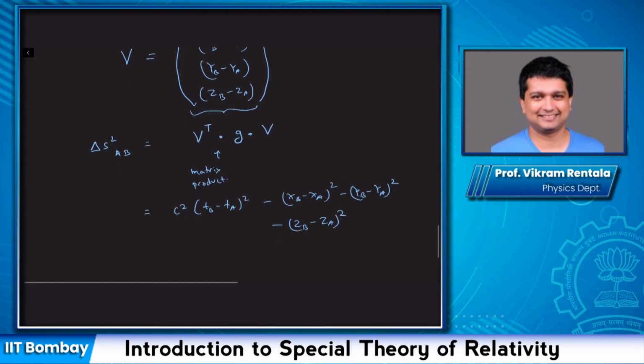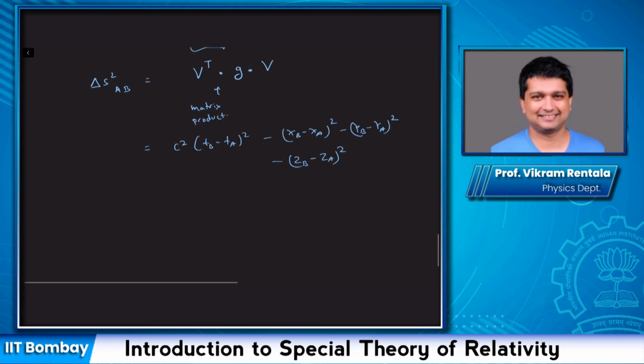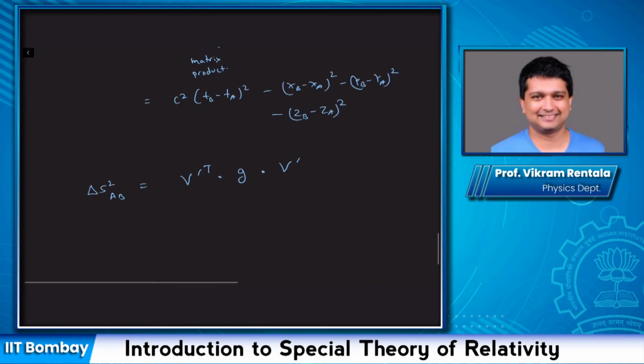Okay, and similarly, in the frame S prime, we would construct delta S squared AB as V prime transpose dot G dot V prime, where V prime is this column vector.